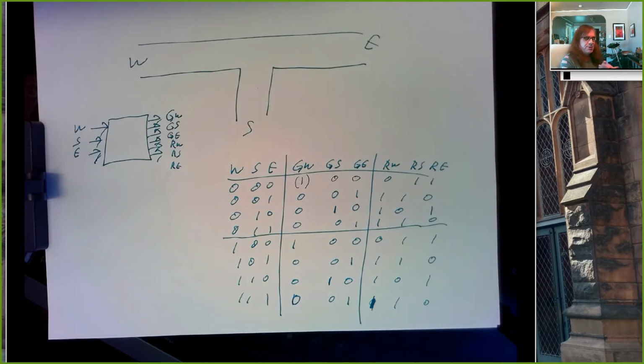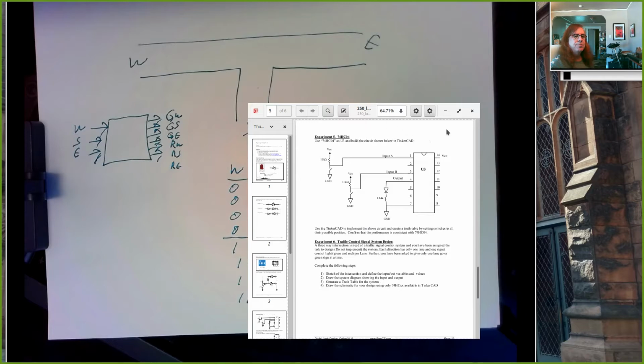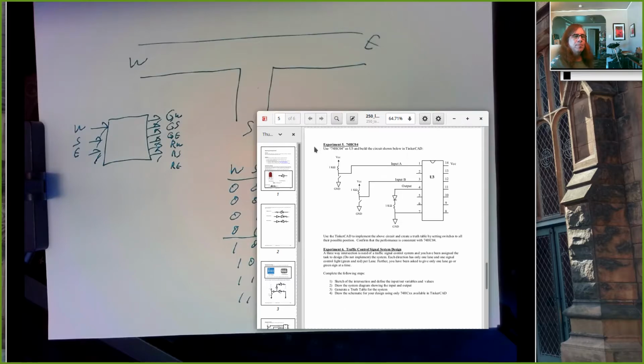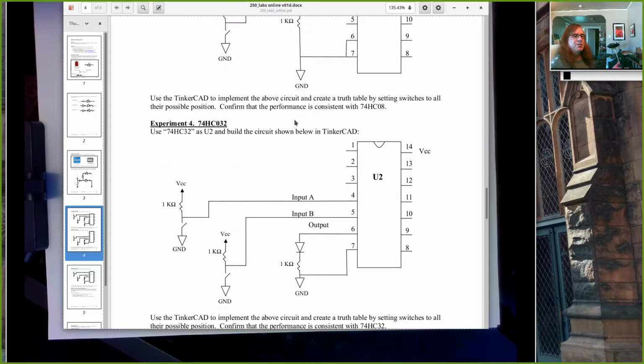Make sure that when you come up with a new experiment, you write it up like an experiment. So let's look at lab 2, for example. Lab 2, experiment 4, right?